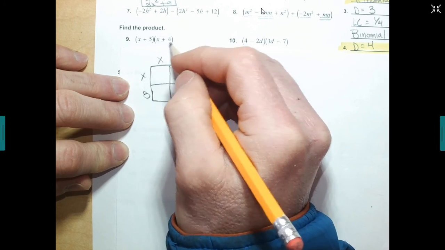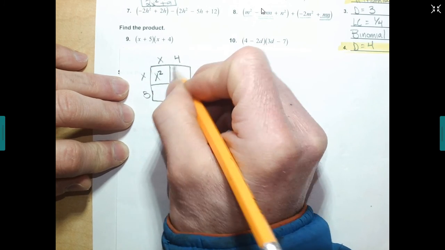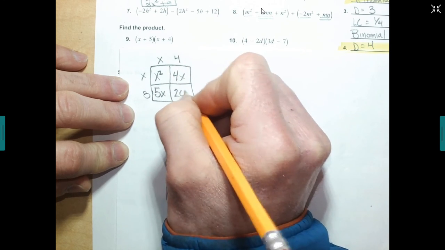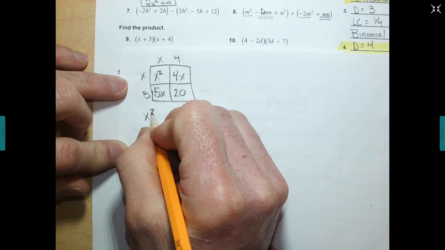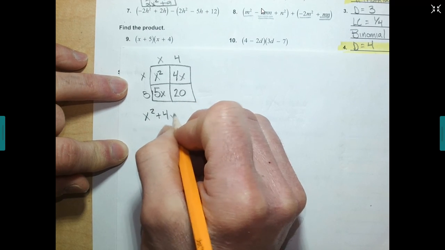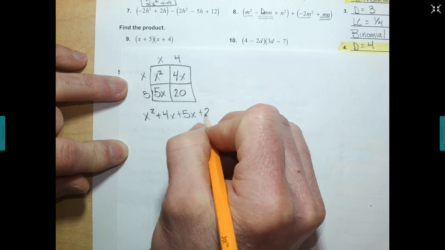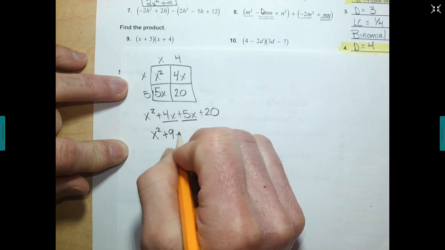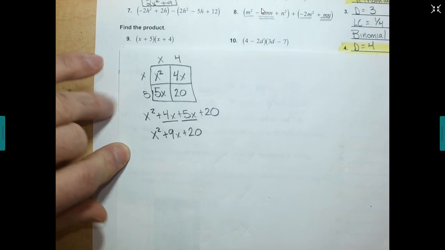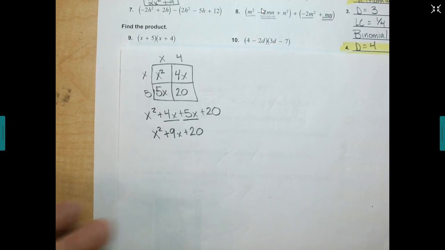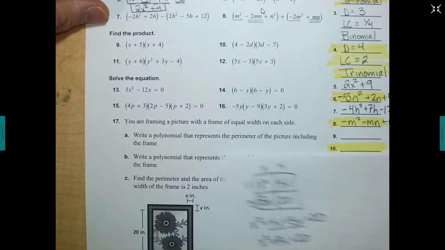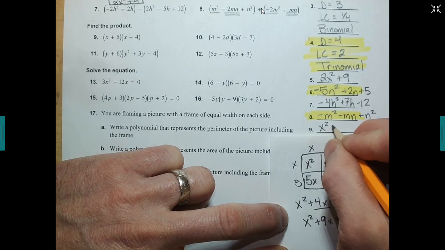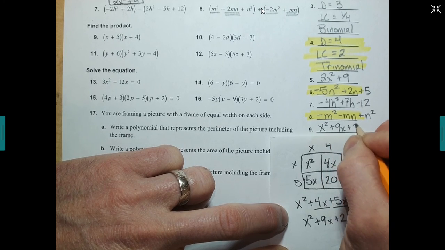So x and 5, x and 4, and x squared, 4x, 5x, and 20. x squared plus 4x plus 5x plus 20. I can combine my like terms. You get x squared plus 9x plus 20. So we'll put that in for number 9. x squared plus 9x plus 20.